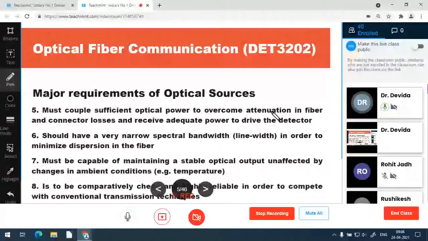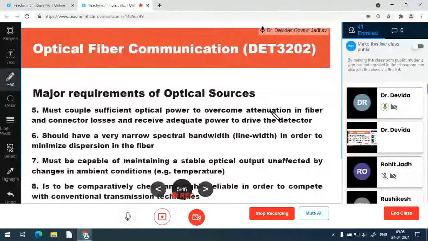The source should launch sufficient optical power so that it overcomes the attenuation, and whatever minimum output power is required should be available at the detector. There is also attenuation in the connectors that should be overcome. In one problem we have seen that connector splices also introduce loss, and the fiber introduces loss, and we calculated the total attenuation by adding fiber attenuation as well as connector attenuations.